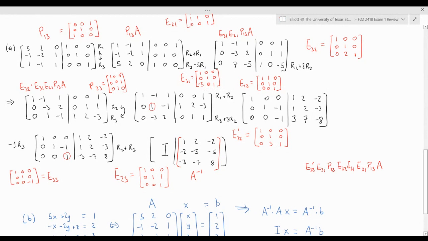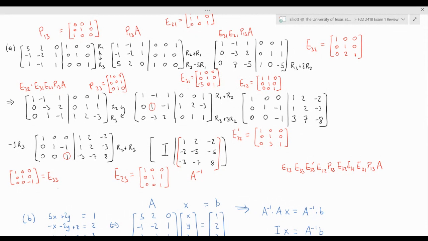Then we have the E12. Oh, wait a second. Did I mess up? Yeah, I messed up. This one should be E12. This E31 was for this actually. But row 1 plus row 2, that was E12, okay? So E12, and then this one here. And then there's 2 more. We had the E33 from multiplying row 3 by -1, and finally this last row operation, which gives us E23.